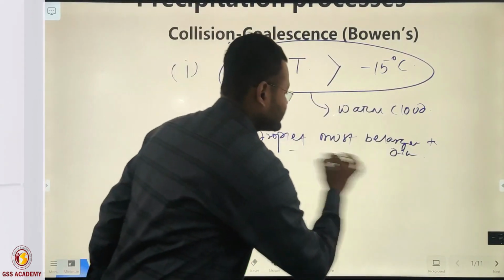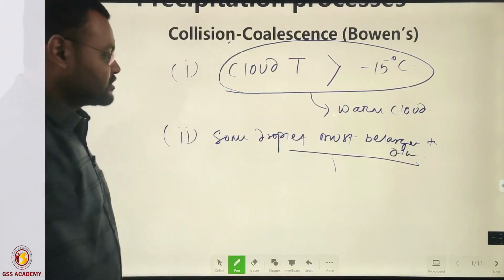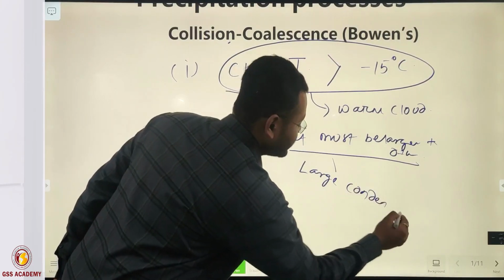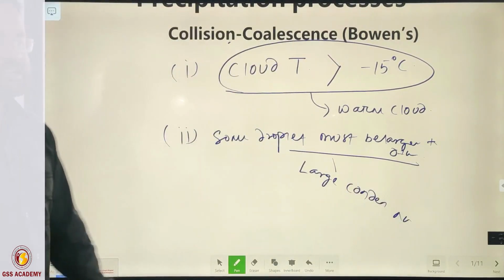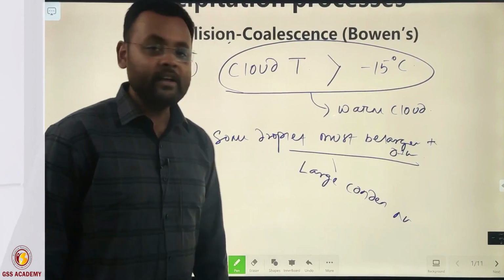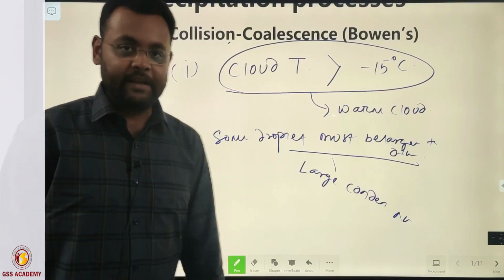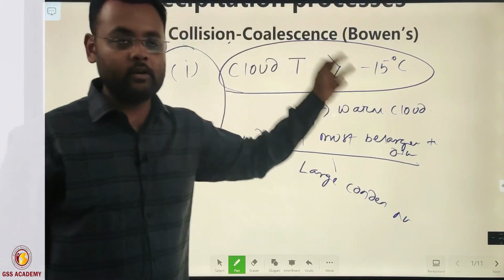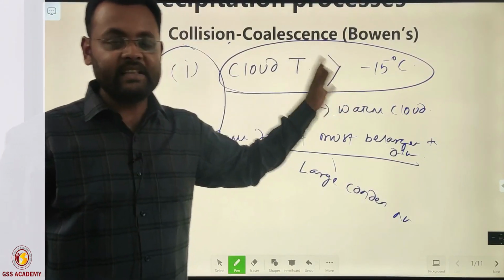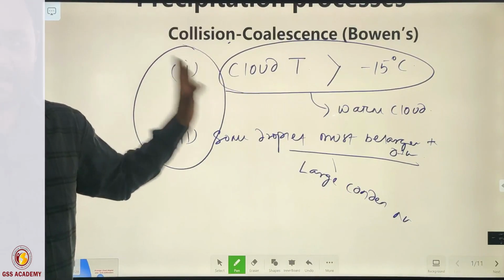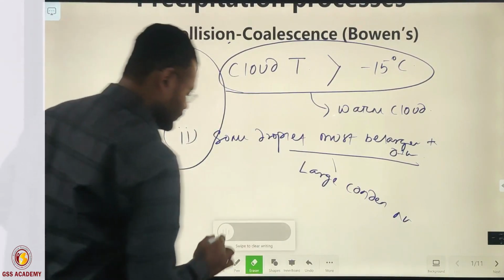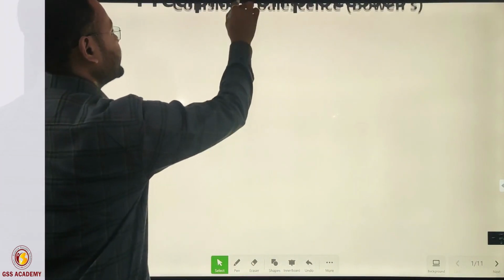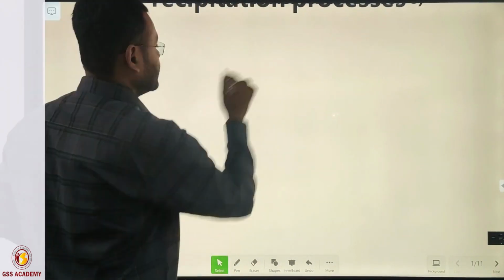Now these large droplets normally form directly over the large condensation nuclei. So these are the two conditions we need for the collision and coalescence process to initiate the precipitation process in an efficient manner. Okay, now we'll see what actually happens in this Bowen's process.